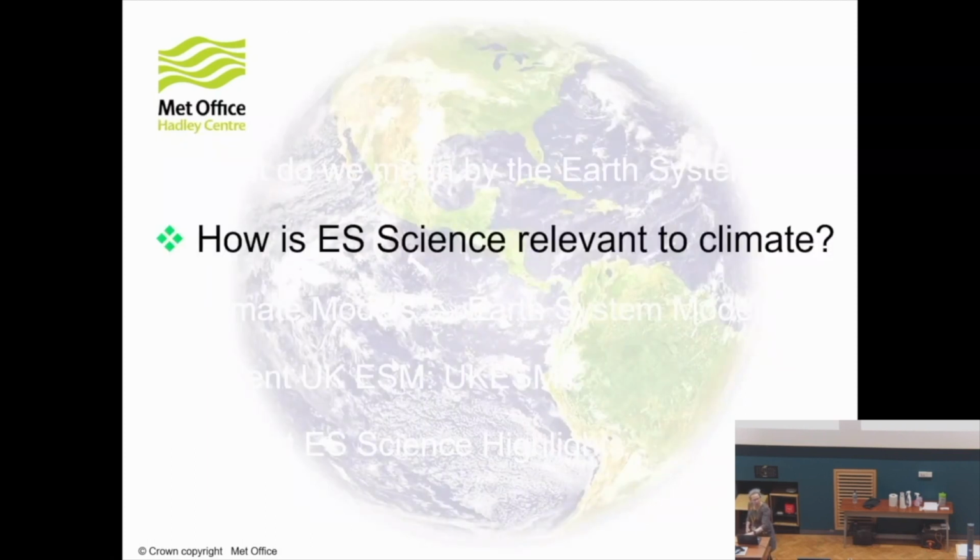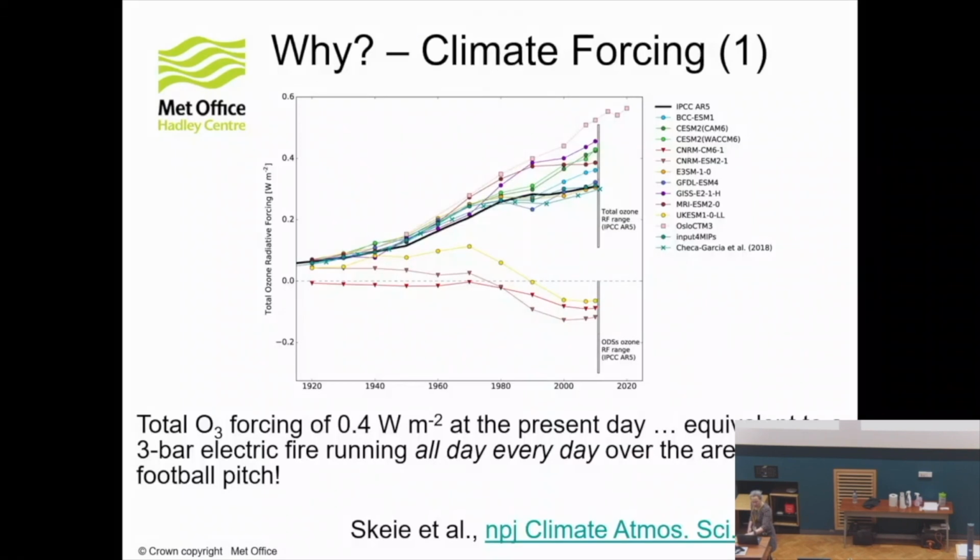Okay, so how is Earth system science relevant to climate? So the first example here I'm presenting is from a paper published in 2020. It's looking at changes in the abundance of ozone in the atmosphere over the historical period relative to the pre-industrial.